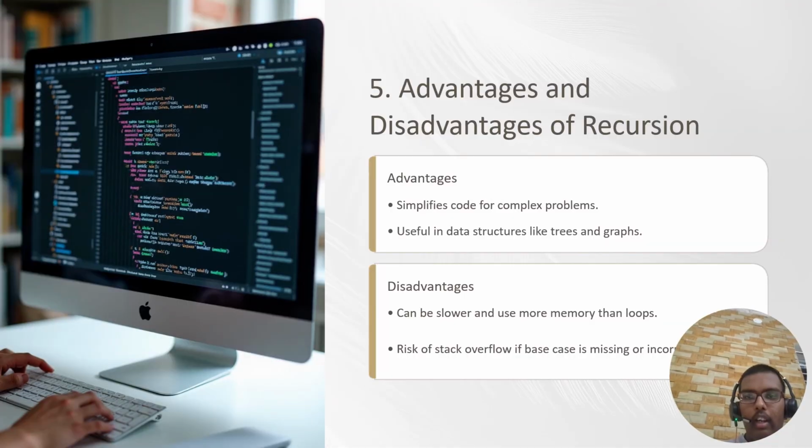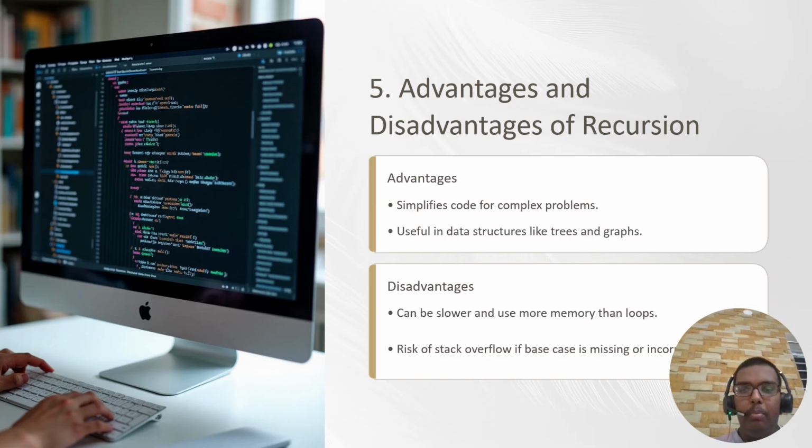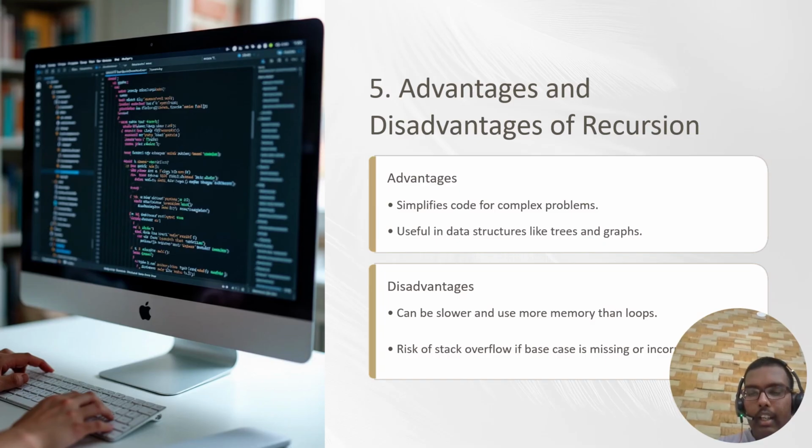Now advantages and disadvantages of recursion. Advantages: it simplifies code for complex problems, useful in data structures like trees and graphs. Now this could help in simplification of code like we saw before. But sum is a simpler code which can be done by loops. Recursion helps in simplifying the code.